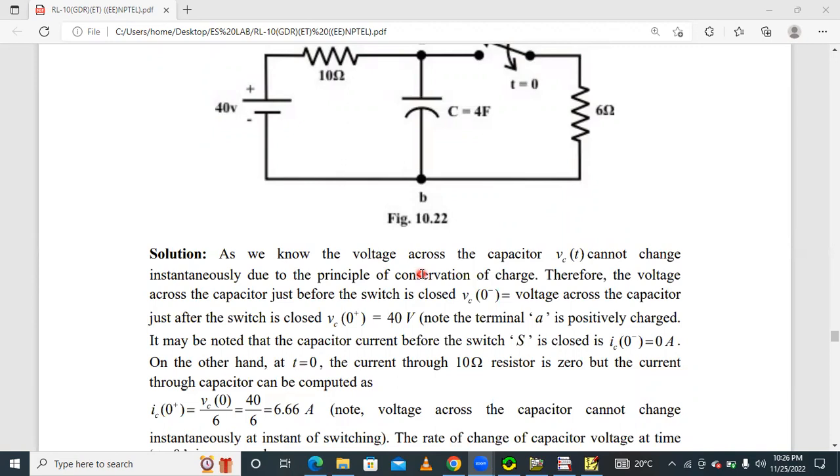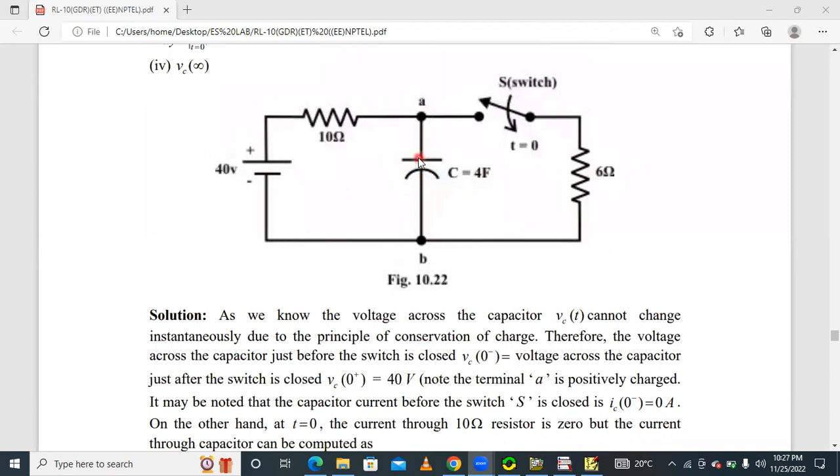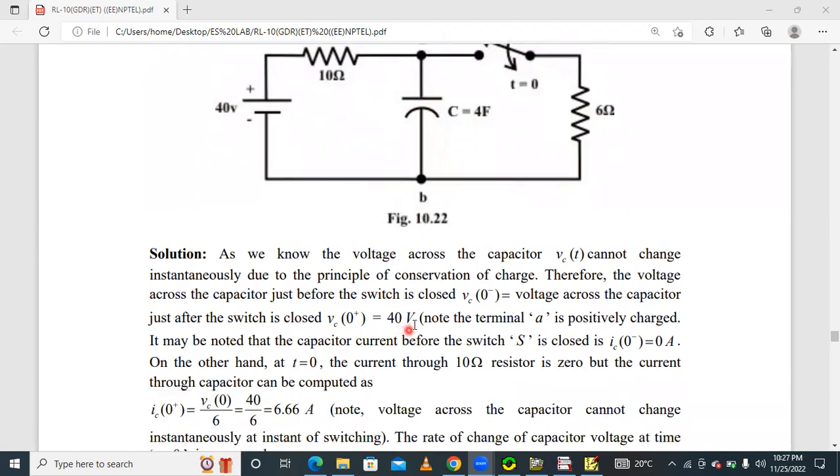Therefore, the voltage across the capacitor just before the switch is closed, VC of 0 minus, is equal to VC of 0 plus, the voltage just after the switch is closed, which is 40 volts. Because under steady state before the switching action the capacitor is fully charged to the voltage supplied by the source, VC of 0 minus equals VC of 0 plus, which is 40 volts.